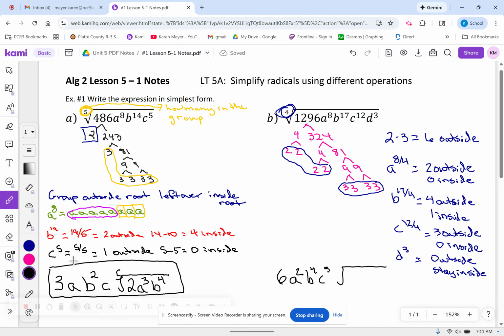And then we have 4th root, so make sure you put the little index number of 4. No plain numbers inside. We said no A's, 1 B, so B, no C's, and all of the D's, so D to the 3rd. And then that makes your final answer.